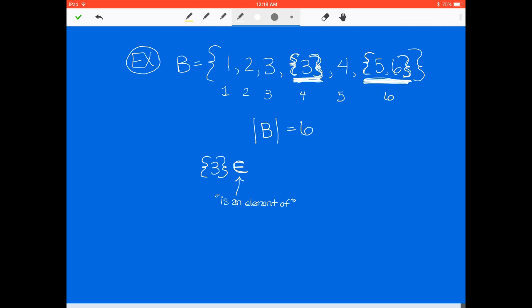So set 3 is an element of B. I could also say 1 is an element of B. 2 is an element of B. The set 5, 6 is an element of B. I don't have to write that all out in English. I can just use simple math notation to write that up.